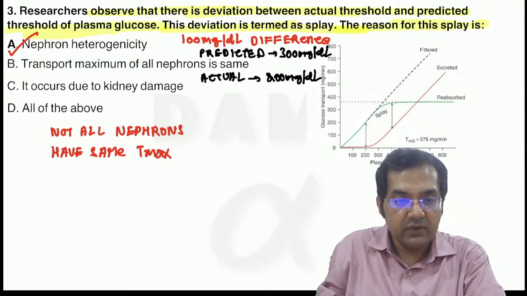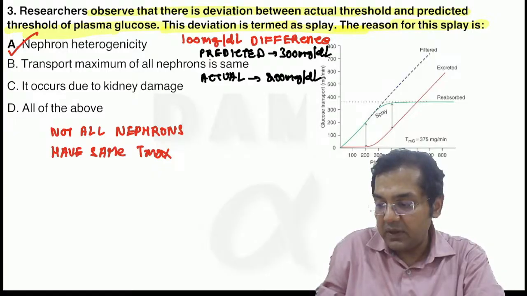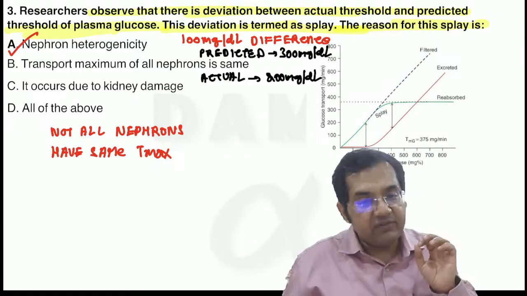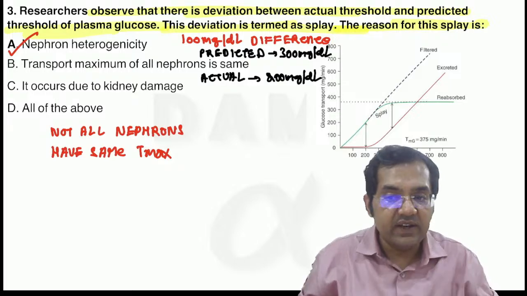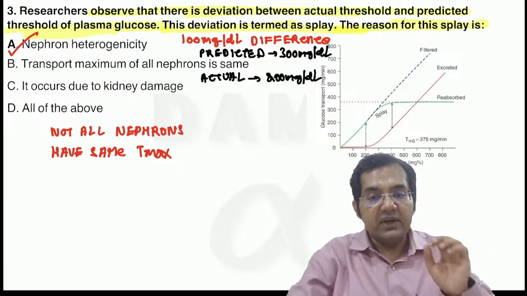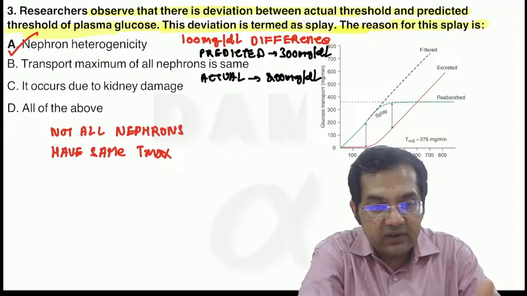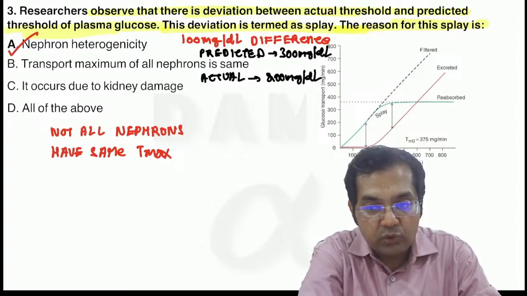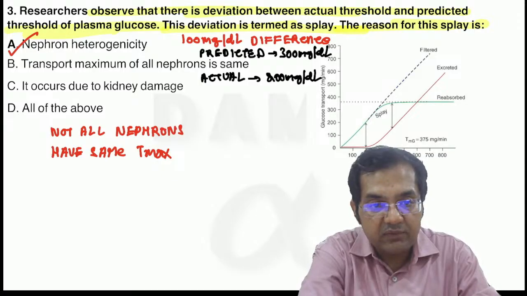Remember that. So we assume that every one of them is working at 375 milligram per deciliter, but in the real world, some have 300, some have 250, some have 200, some have 220. So the ones with the lesser Tmax will leak the glucose into the urine much earlier, right?